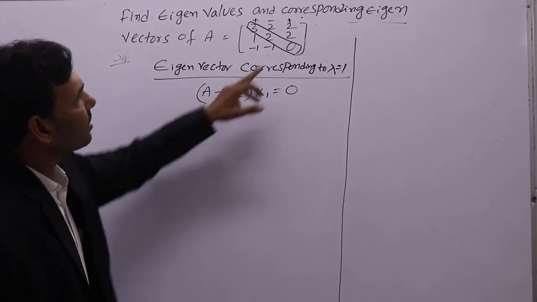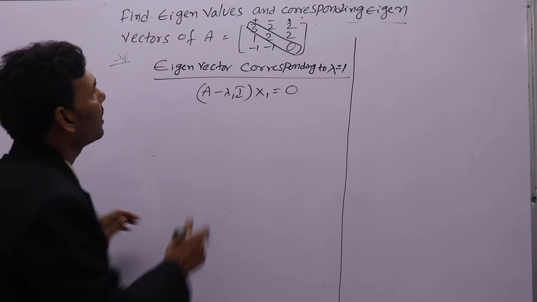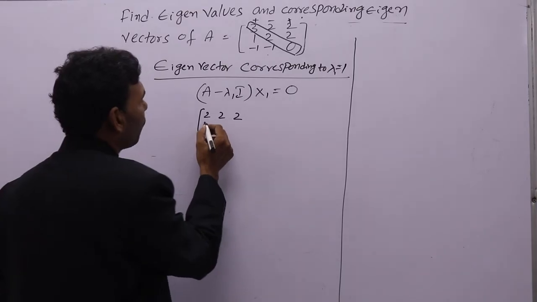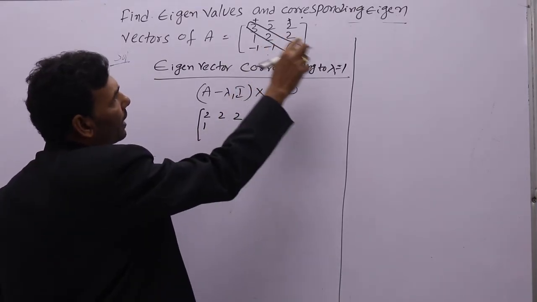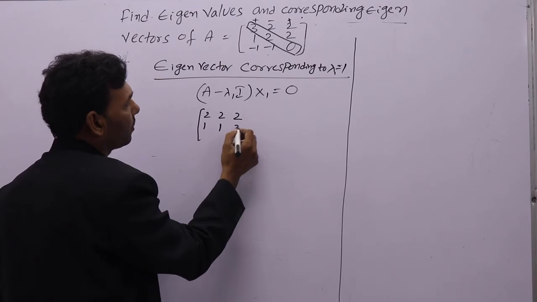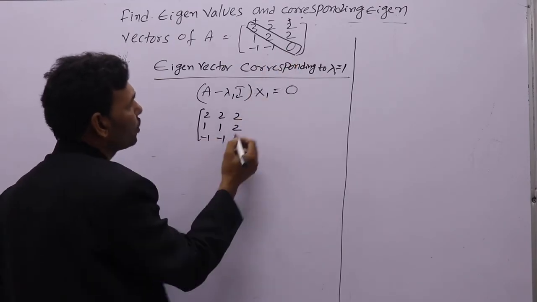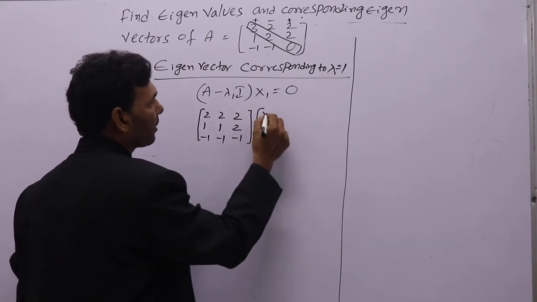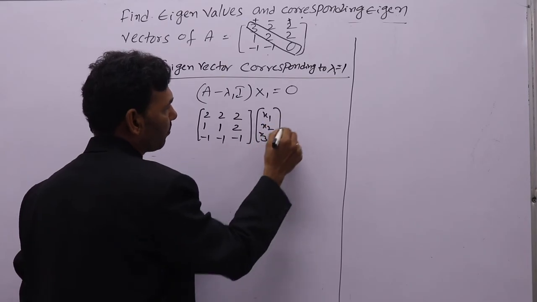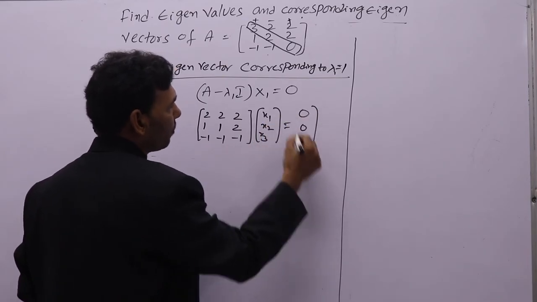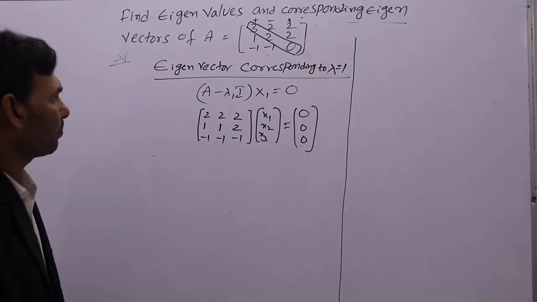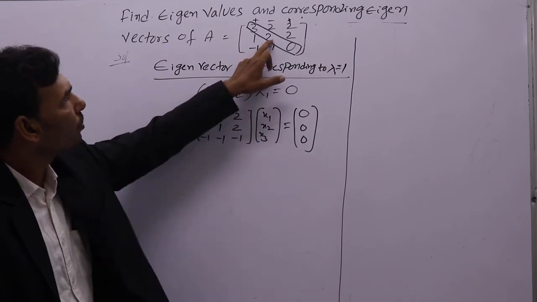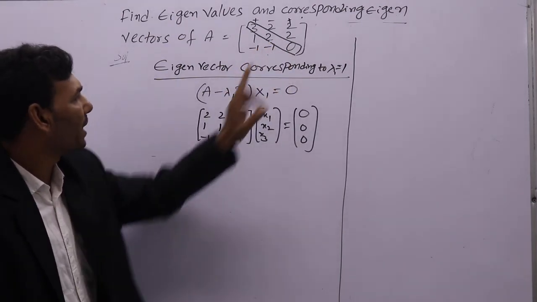That means subtract 1 from the principal diagonal. 3 minus 1, 2, 2, 2, 1, 2 minus 1, 1, 2, minus 1, minus 1, 0 minus 1, minus 1, times x1, x2, x3 equal to 0, 0, 0. You need to subtract 1 from the diagonal: 3 minus 1, 2 minus 1, 0 minus 1.